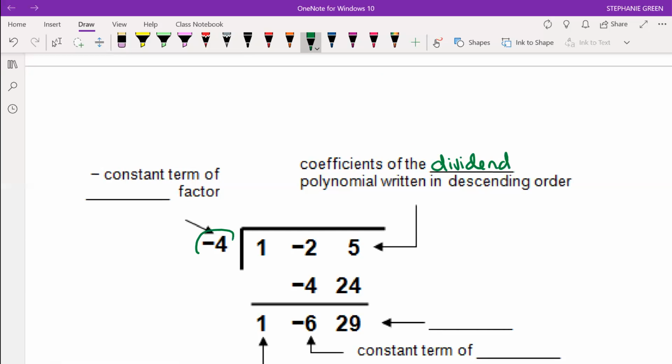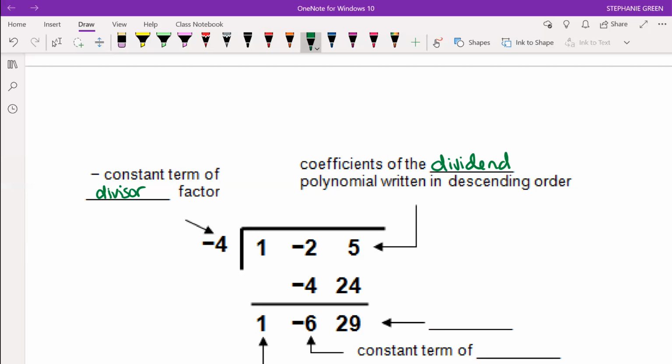And this number out here is the negative constant term of the divisor. So if I put this back into our division form, we have 1, 2, 3 terms. This is our constant term, our x term, our x squared term.